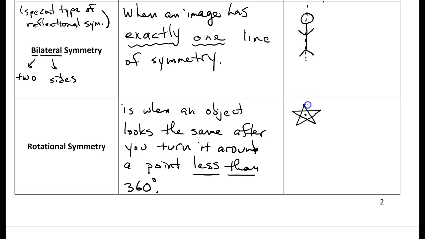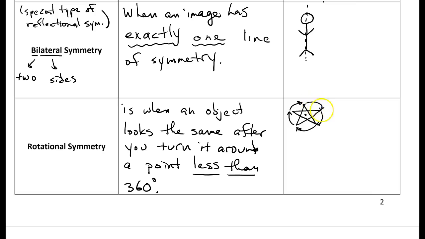If I take this point here and I rotate the whole star around the point in the middle, once that point reaches this spot, the star is going to look exactly the same. Okay, and then we could rotate it again till the point got over to here, and again the star would look the same. And we could rotate it one more time, and one more time here, and then eventually it would come back to the top.